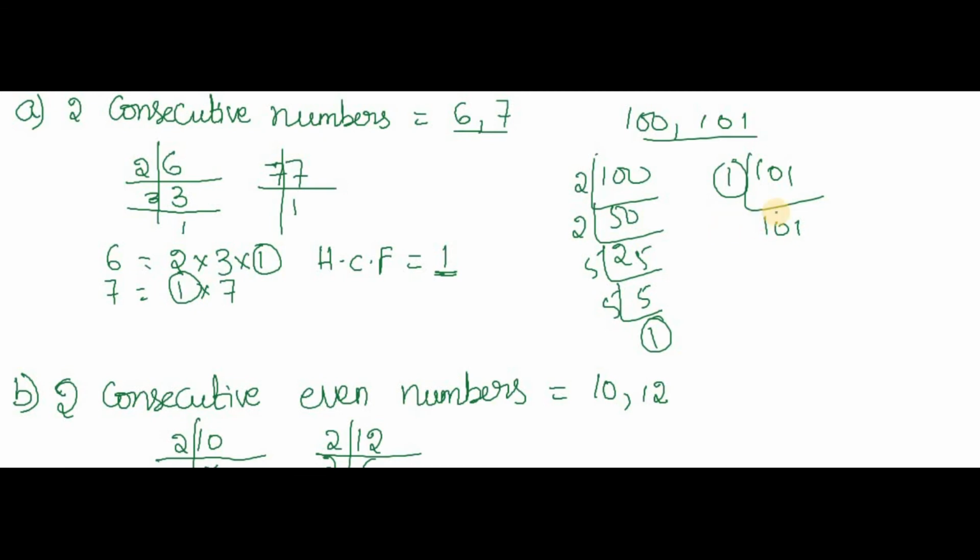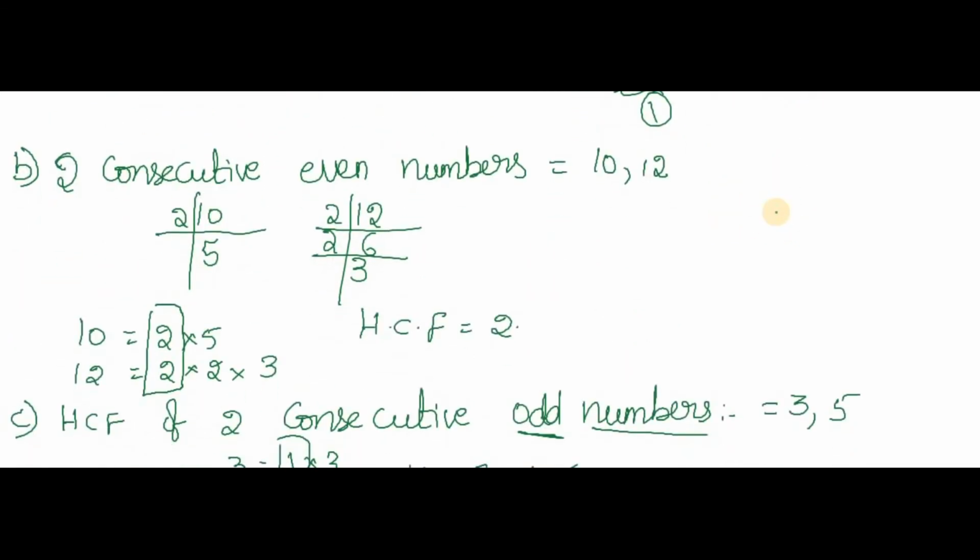And what is the next thing we found? Not only this, if you consider any other consecutive even numbers, compulsorily the HCF will be 2. Why? Because the divisibility rule of 2 itself is saying that if the last digit is either 0, 2, 4, 6, 8, those numbers are even numbers. Yes or no? Then we can say that those numbers are divisible by 2. Right, students?